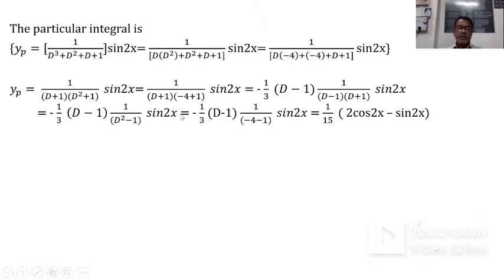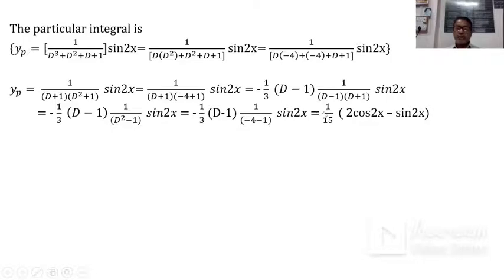Then we operate this on sin 2x first. We substitute D square by minus 4, this minus 1 upon 3, D minus 1 as it is, 1 upon minus 4 minus 1 into sin 2x. This is 1 upon minus 5. We have to take this constant outside.